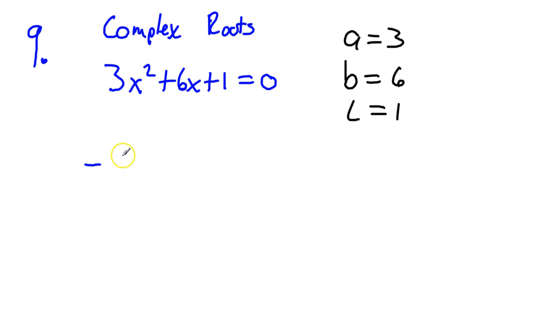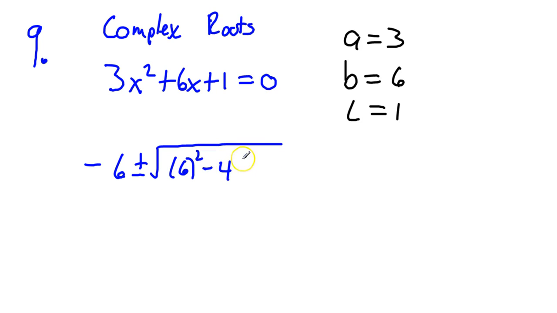So we're going to go negative 6, plus or minus the square root of 6 squared minus 4 times A times C. Okay, and I could be wrong, but that does not look complex, does it?